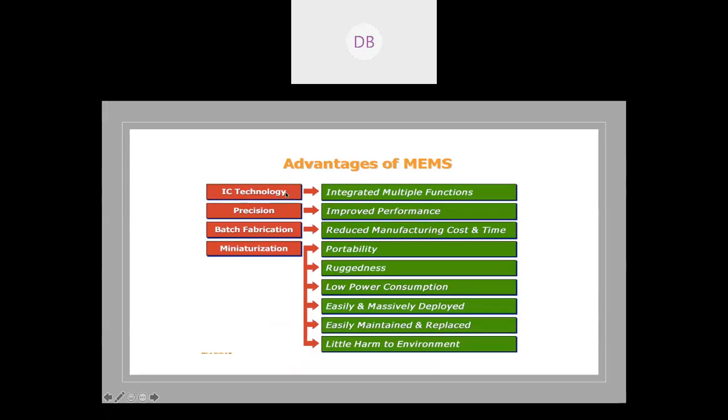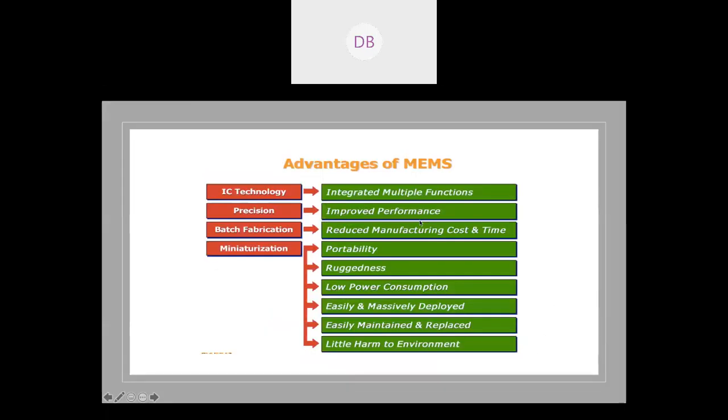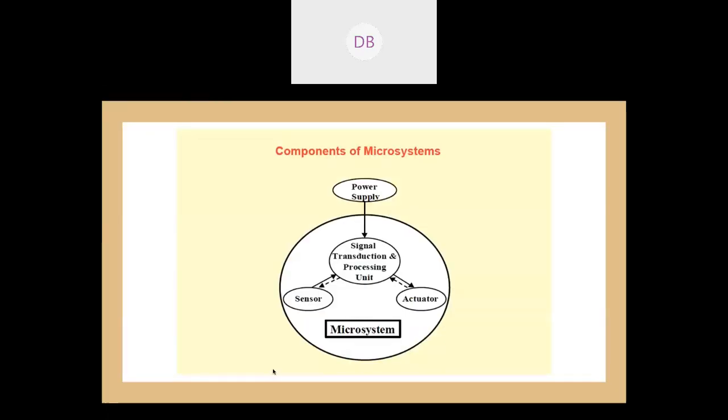You can see an image over here: stator, rotor, or the transmission gears and everything. So the components of a micro system are a combination of both sensor and actuator, and in between you have the signal transduction and processing unit. This makes the whole micro system.